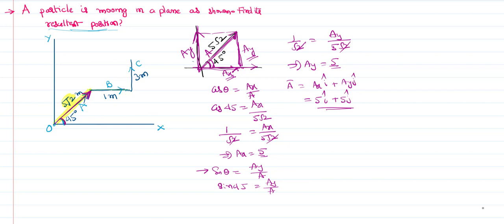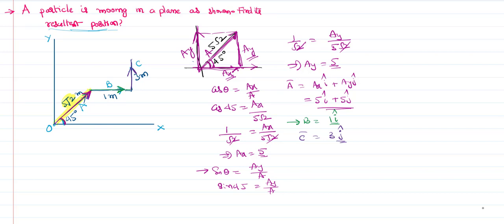Look at this vector: it's only on the x-axis, so I can write b bar as 1 meter along the x-axis. To say it's along the x-axis, I multiply with i cap, the unit vector along the x-axis. Look at the third vector, c bar. It's on the y-axis, so I can write c bar as 3 j cap. It is along the positive y-axis, therefore j cap.